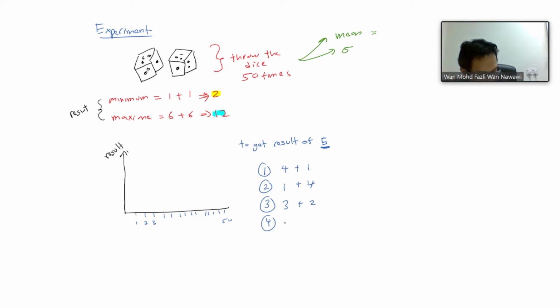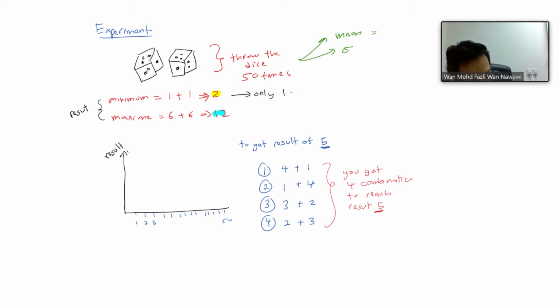The fourth combination is 2 plus 3. Yeah, there are 4 combinations. So it's more likely to get 5, because you have 4 combinations to reach a result of 5, compared to this, where you only have one combination.